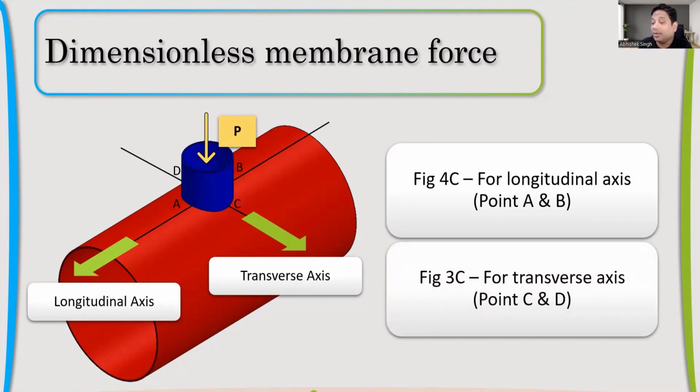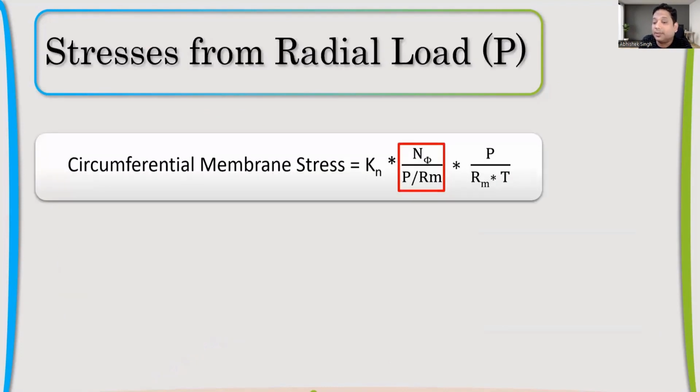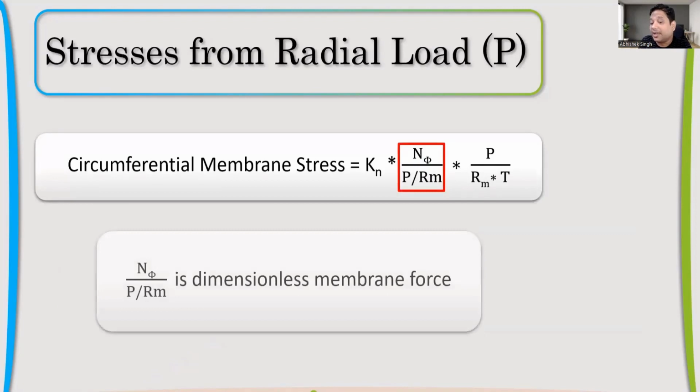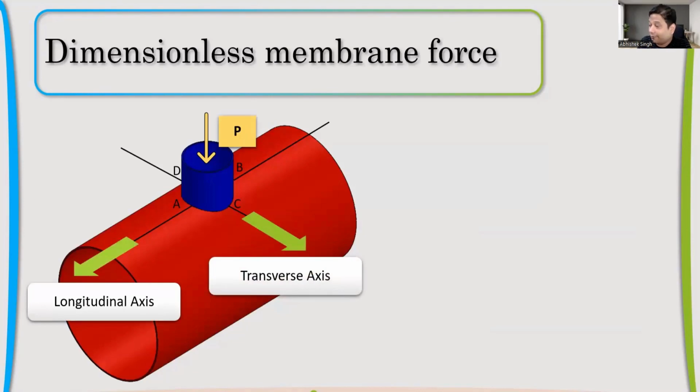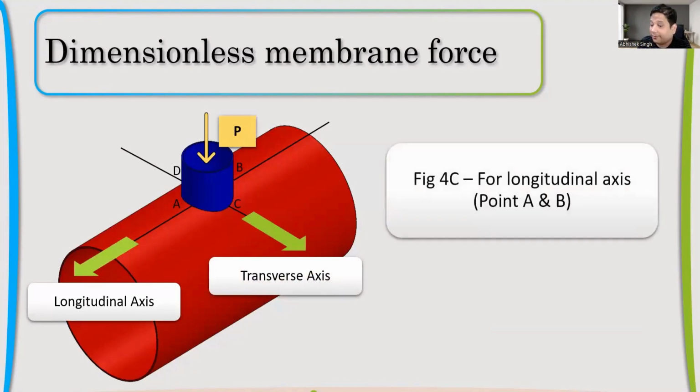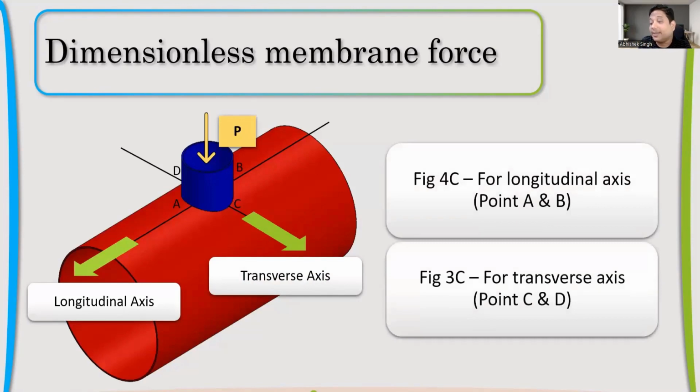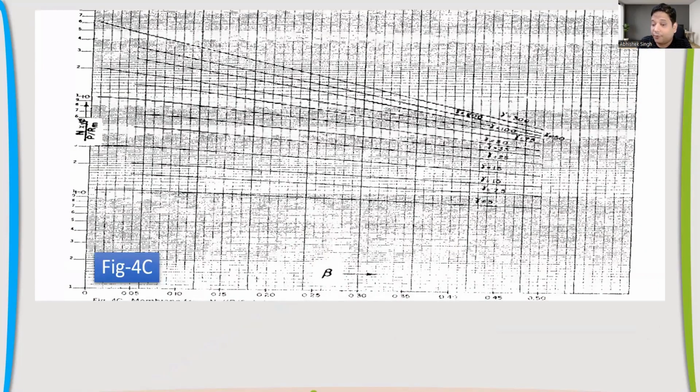So what we are talking about is how to find that constant, which we saw in this, right? This value, how to get the dimensionless membrane force. If you want to find it in the longitudinal direction, we get it from figure 4C. If you want to find it in the transverse direction, we get it from figure 3C. How to refer to it: if I have figure 4C, it depends upon a factor beta.